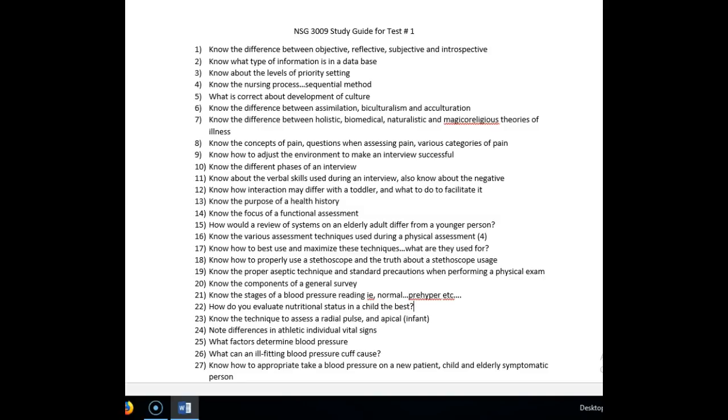Well, that would be based on whether or not they're growing. If they're not growing, you know they're not getting adequate nutrition. That's the reason why when you have a child, they always record their height and weight. It determines whether or not they have normal growth patterns, and that may be related to the fact that they're not getting enough nutrition.